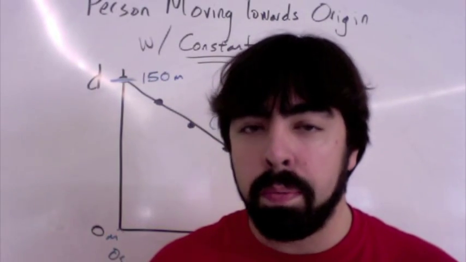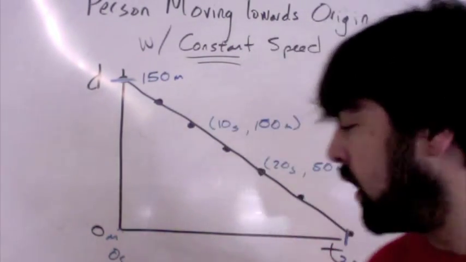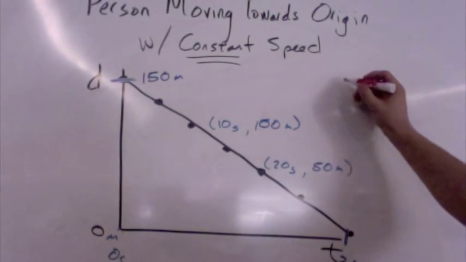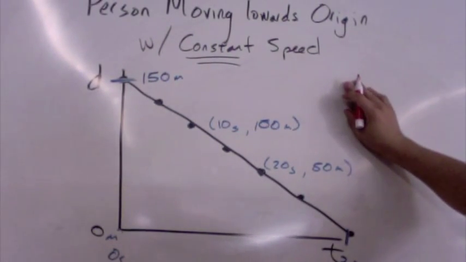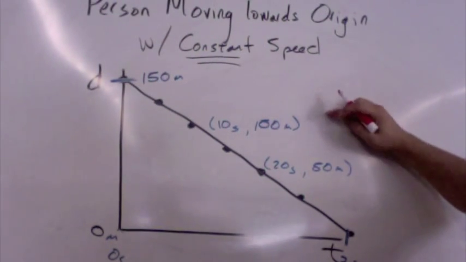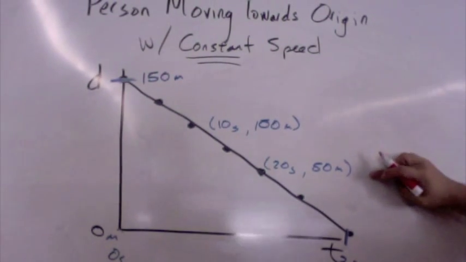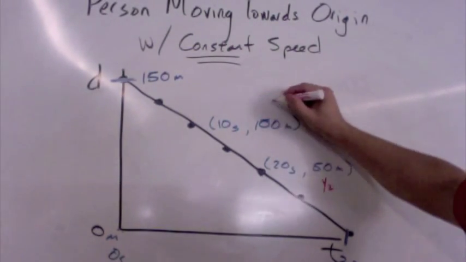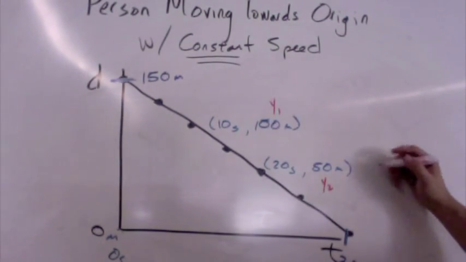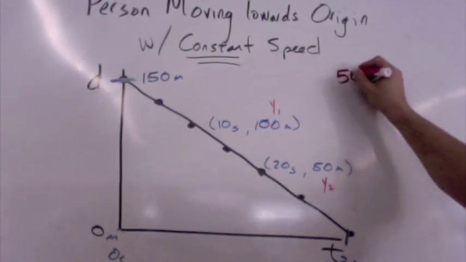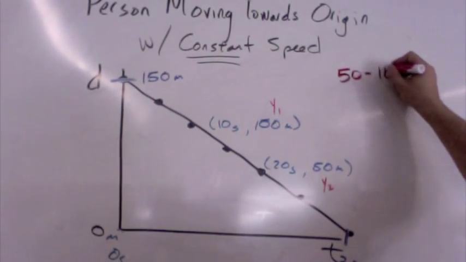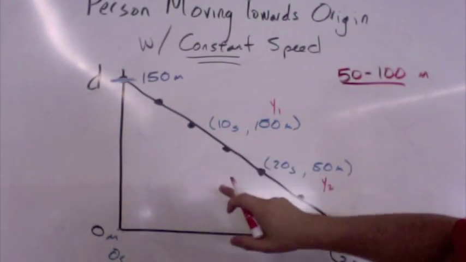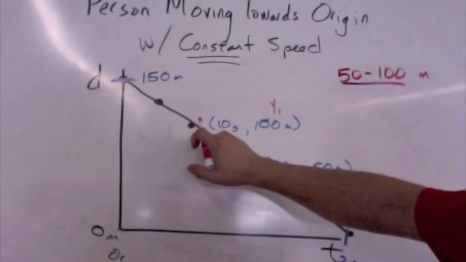What would the slope be here? Well, let's take a look. Slope, rise over run. First, what is the rise? We went from 100 to 50. This is our y2. This is our y1. So it's 50 minus 100. It's going to be in meters. Over, we went from 10 to 20.